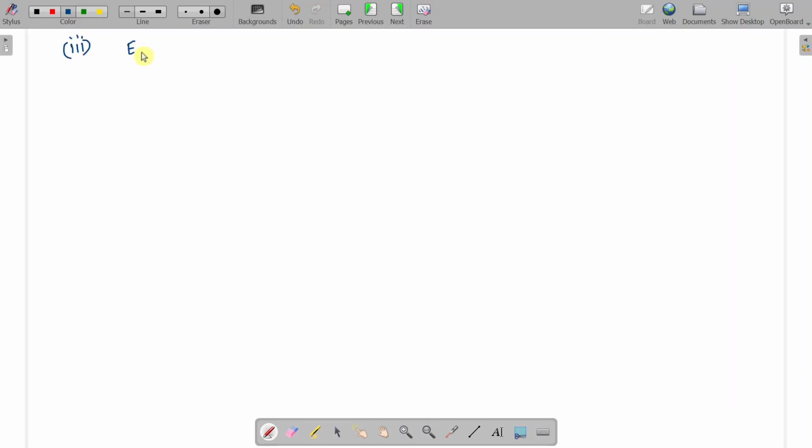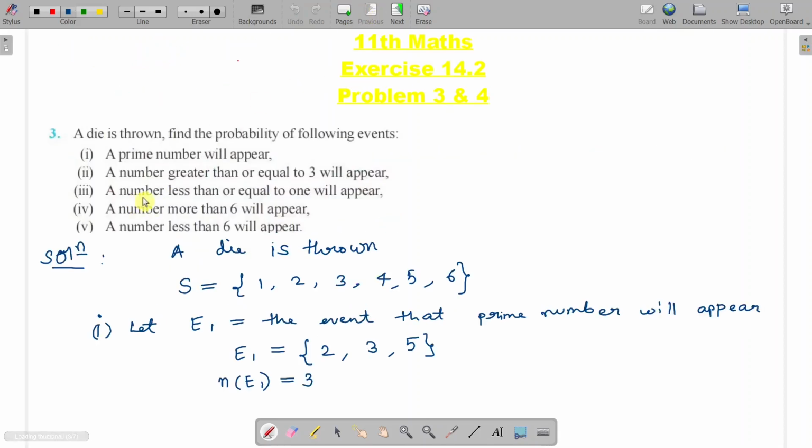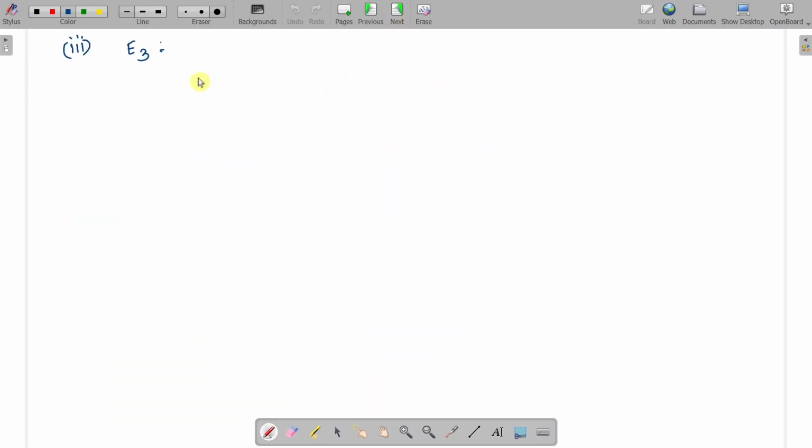So that is E3. E3 is what? A number less than or equal to 1 will appear. Okay. So a number less than or equal to 1 will appear.